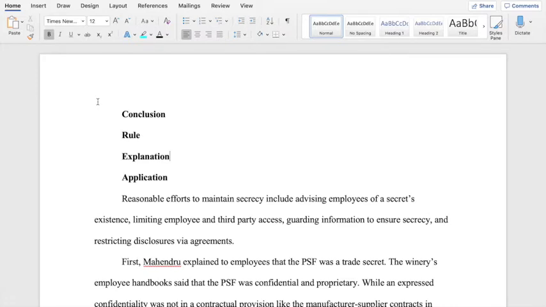So, on Monday, we're going to be talking about application and synthesized application. And right now, you have an exercise where all you've got to do is label the synthesized application in an example CREAC. So you're only doing exercise 1.